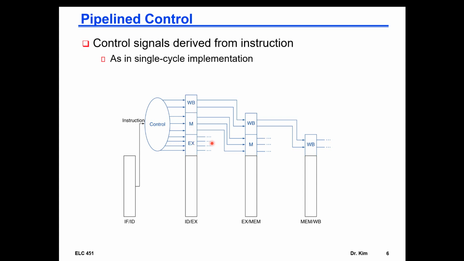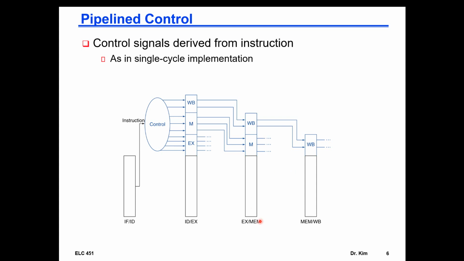So here we generated them in the instruction decode stage and we just add width to that pipeline register, and we send them down. So the next stage here is the execution stage. So that's where the execution signals go to, and they die there.